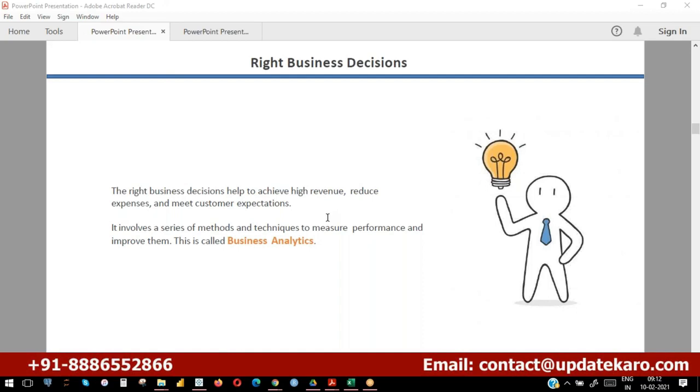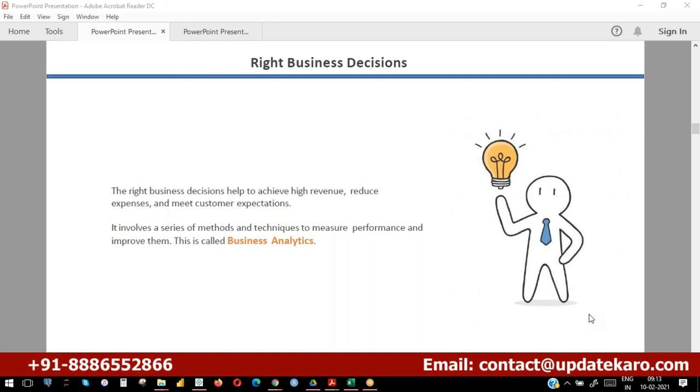Vamshi, this is a question to you. Is this the right decision? If your sales is going down, your expenses are increasing, and it is not meeting customer expectations, is it a right decision?